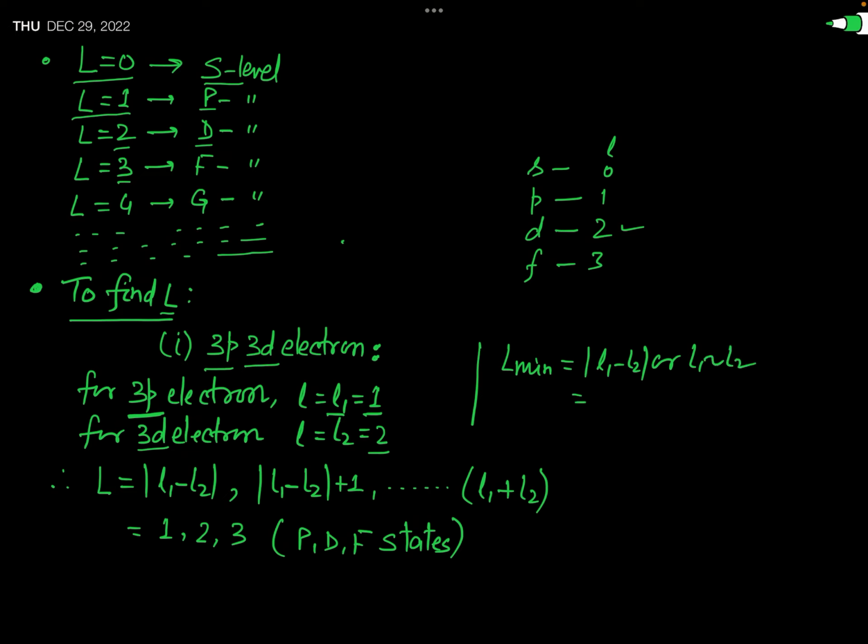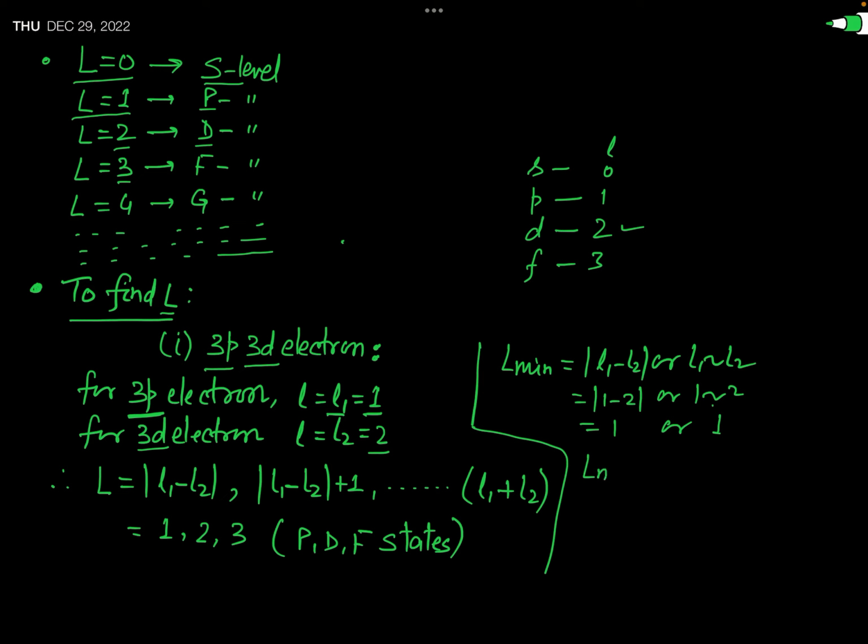This will be mod of 1 minus 2, or 1 difference 2. 1 minus 2 is minus 1, but when you take modulus, this will be plus 1. And difference of 1 and 2 is also 1. So the minimum value of L is 1.